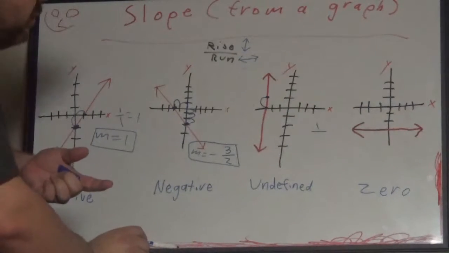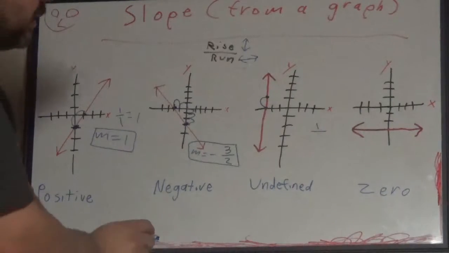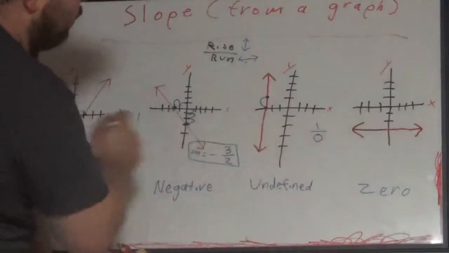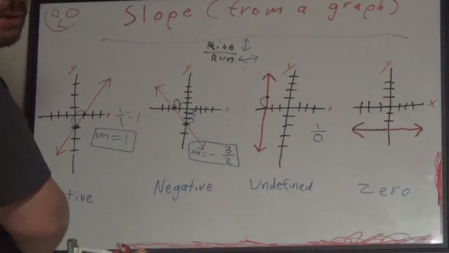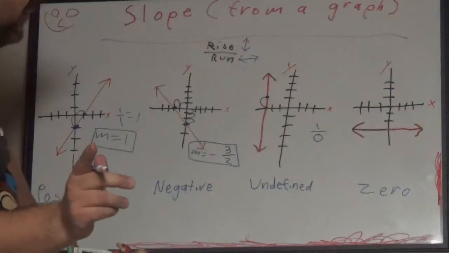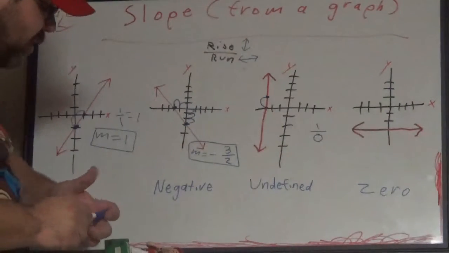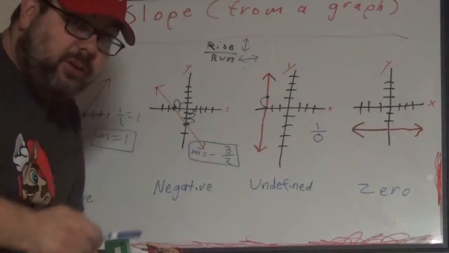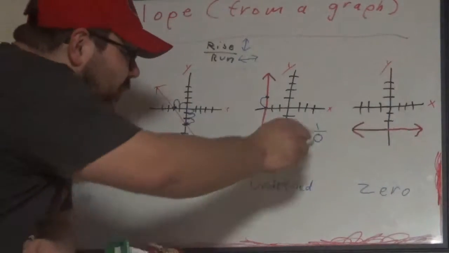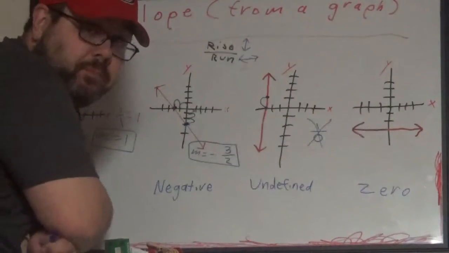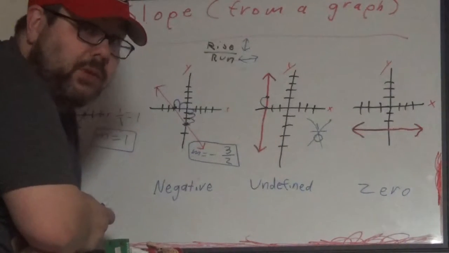It's a trick question because I don't go over. I go over 0 units. Some of you might say, I see why it's undefined. But if you don't, what happens if I do 1 divided by 0? Well, if you don't know, put it in your calculator, because a calculator will get angry at you and give you an error. Because you can't divide by 0. That's why it's undefined. You can't do the math on it.